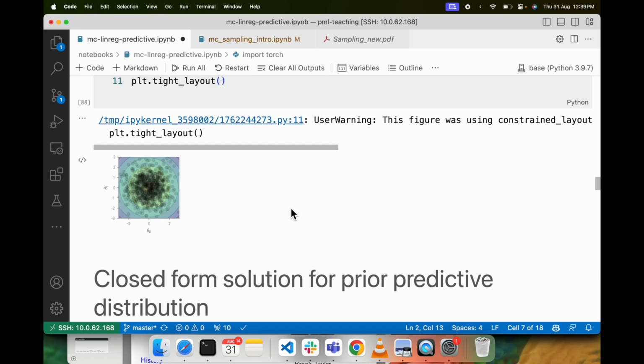So this is how my different samples would be. For each sample, I am plotting a black dot. As you'd expect, there are a lot more samples closer to the mean, and as you move away from the mean, the number of samples would be lesser, right? So this is what it means by drawing samples from a certain distribution. We have done that already, right?